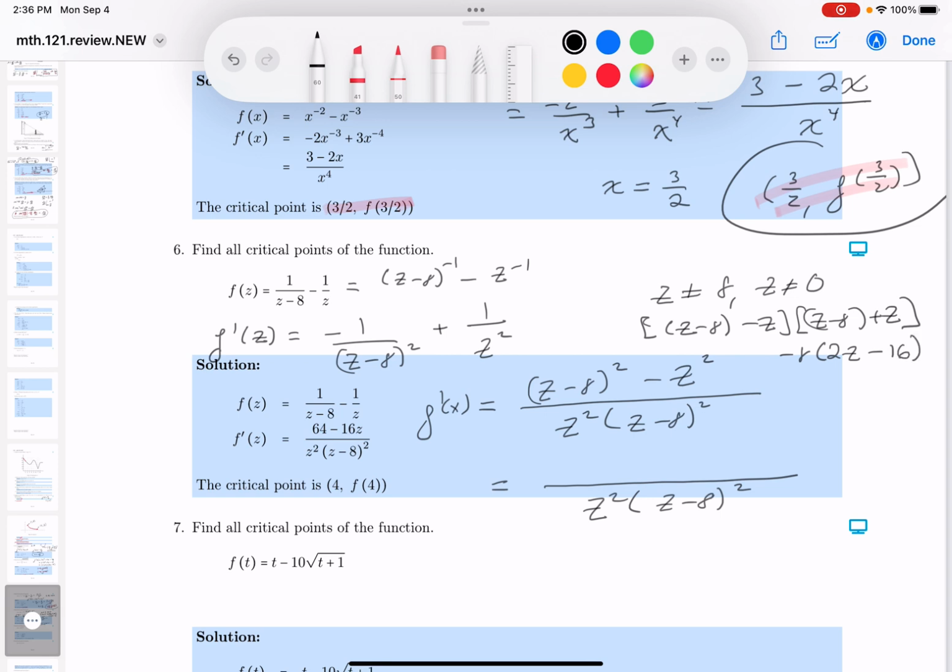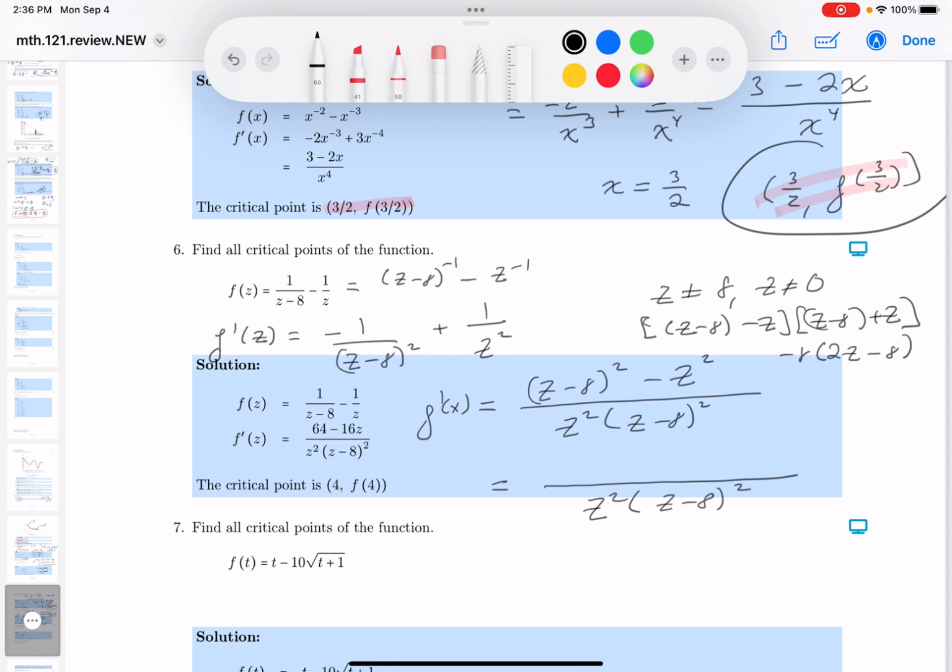And let's see if I did that right. z minus z is 0. I get minus 8. I get 2z minus 16. Nope, I made a mistake there. I just noticed it. It's 2z minus 8. Sorry about that.